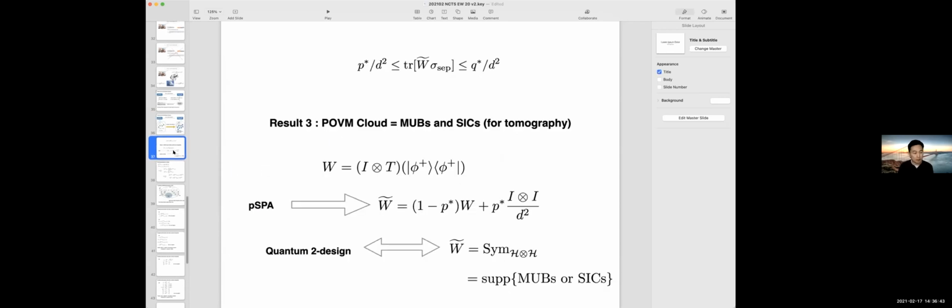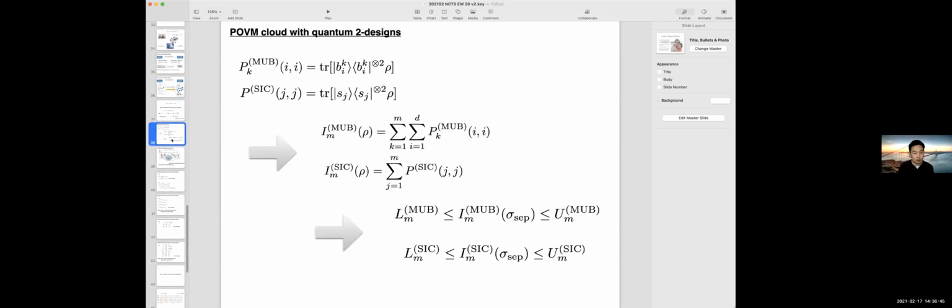So now, what I do is collect the measurement outcomes from mutually unbiased bases or symmetric informationally complete measurements. Okay, so then collect the measurement elements here. Okay, now the probabilities, and from there I can compute the upper and lower bounds, and m is the number of MUBs I apply.